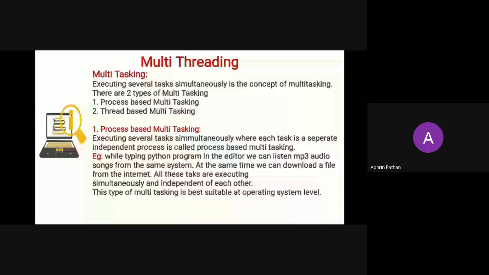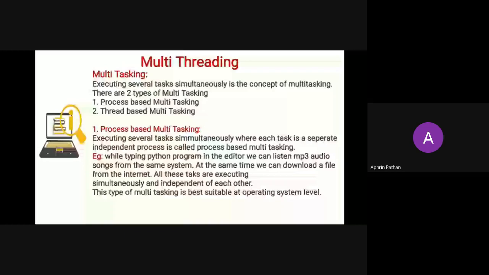Now, what is multitasking? Executing several tasks simultaneously is called multitasking. Now, there are 2 types of multitasking. One is process-based multitasking, and second is thread-based multitasking. Process-based multitasking means executing several tasks simultaneously, where each task is a separate, independent process.